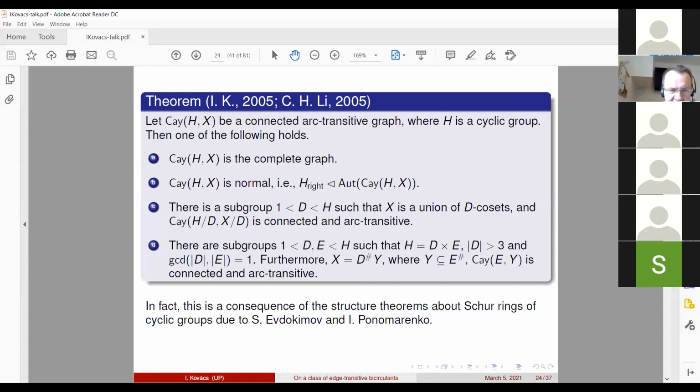The last family is very similar, but in that case, you need 2 subgroups of H, D and E, such that H can be written as a direct product of D and E, so that D and E have coprime orders. In that case, the connection set is not a union of cosets, but it is a product D' times Y. The D' is just all the group elements in D minus the identity, and Y is just a subset of the other subgroup E. And you also have some condition on the corresponding Cayley graph, but it's not important.